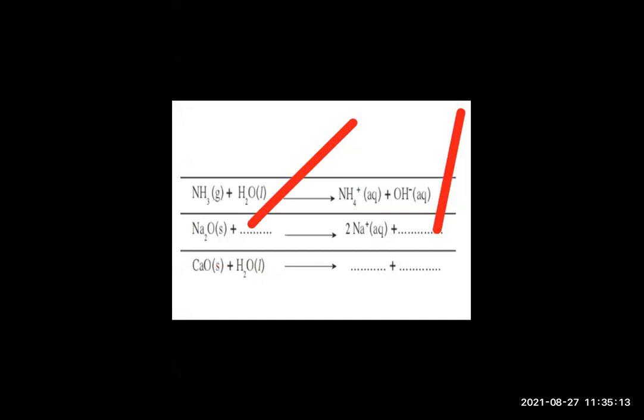Once again I'll repeat. In this box you will write Ca2 plus, and in the second box you will write 2OH minus. Okay, let us revise once again.